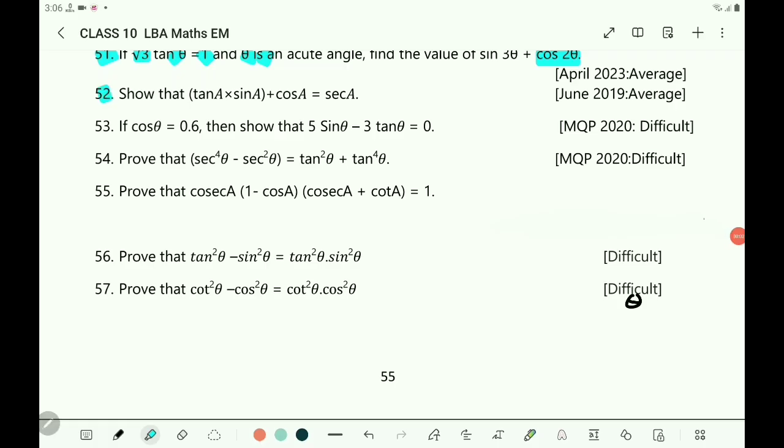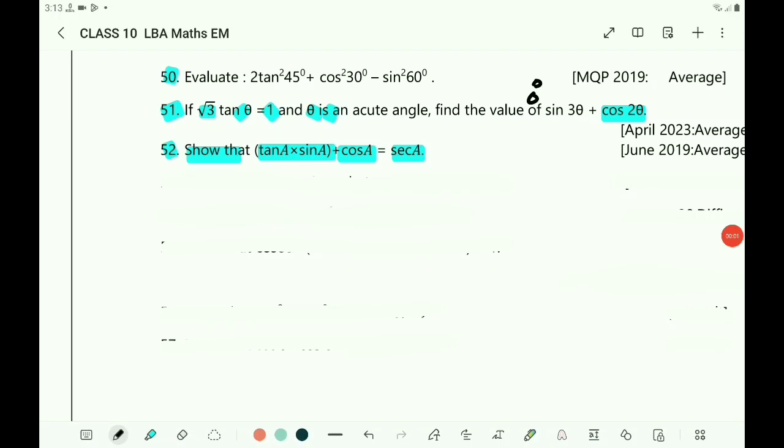Question number 52. Show that tan A into sin A plus cos A is equal to secant A. Write the LHS.